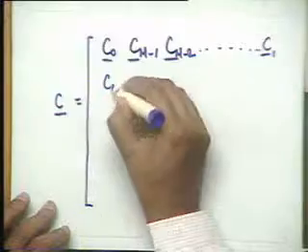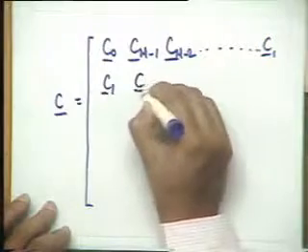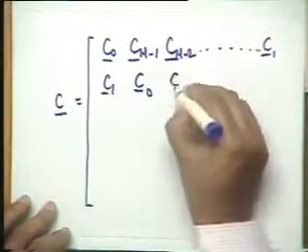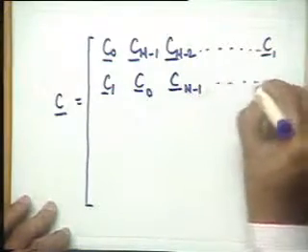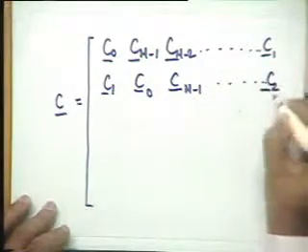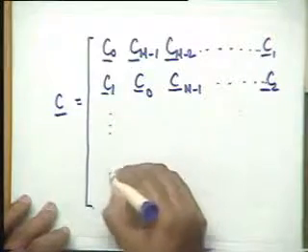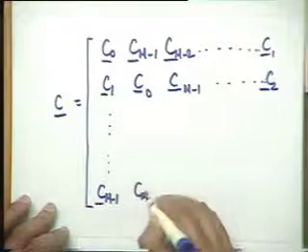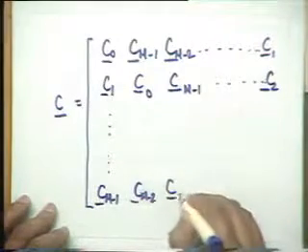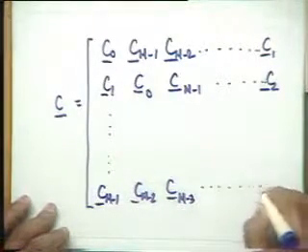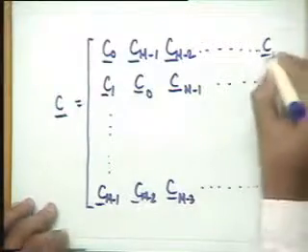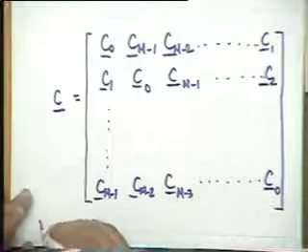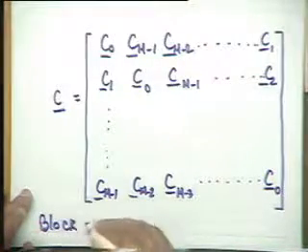So C1, this is going to be C0, this one C(m-1), like the usual way we construct a block circulant matrix, and the last row is going to be C(m-1), C(m-2), C(m-3), etc., up to C0. This is our block circulant matrix.